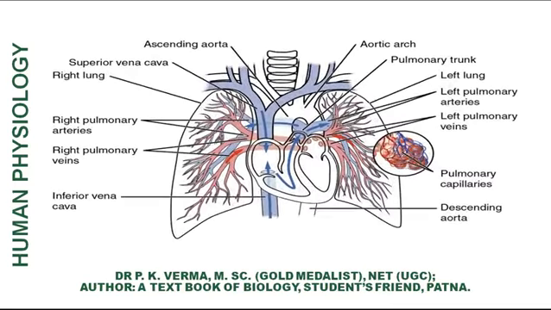In this diagram, the plan of circulation to the lungs is shown. From the right ventricle, deoxygenated blood passes into the lungs, and from the lungs, the oxygenated blood is collected from the left and right lobes, and they all terminate inside the left auricle.